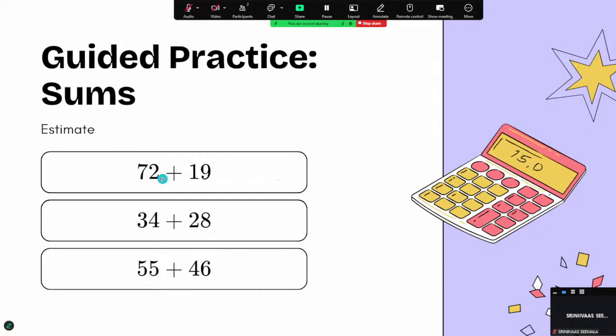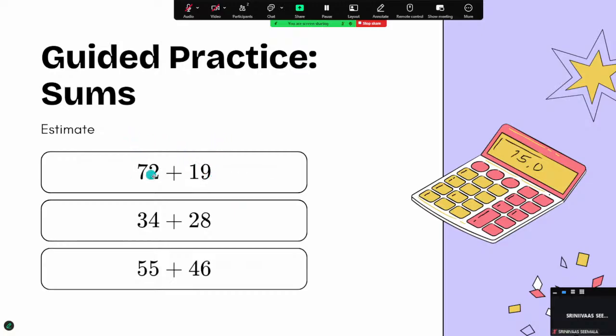Estimate 72 plus 19. The first step, we're going to round these two numbers. 72 rounded to the nearest 10 is 70. And then 19 rounded to the nearest 10 is 20, because 9 is 5 or more, so you round up.